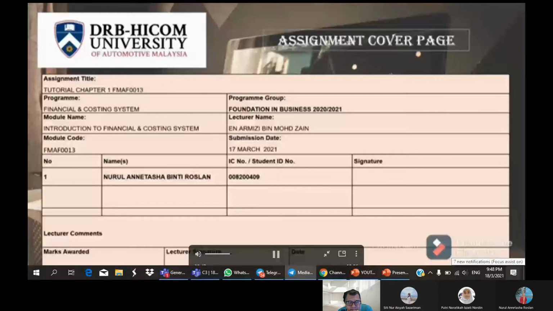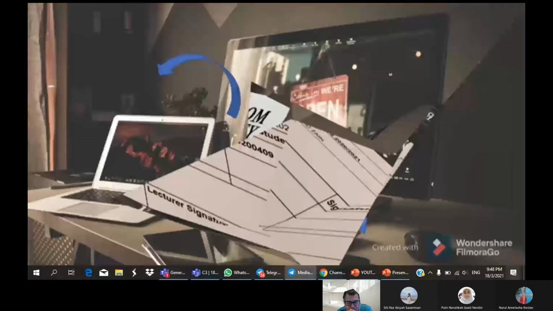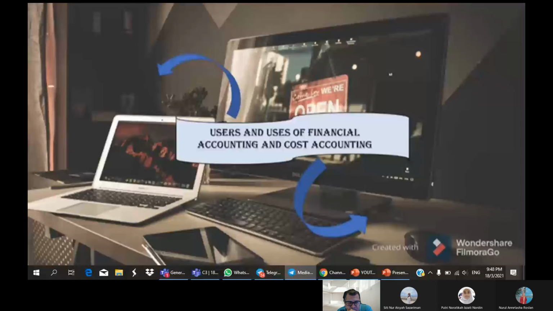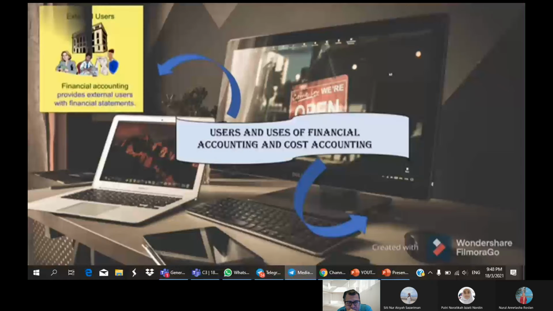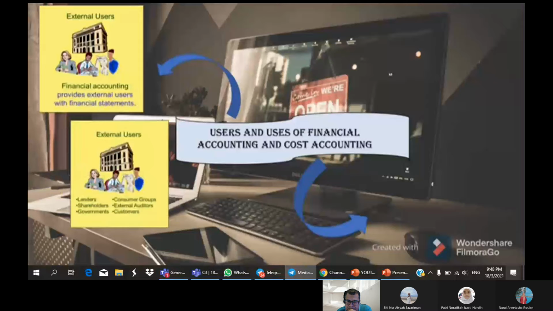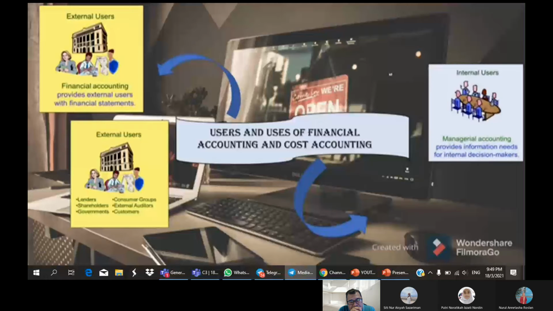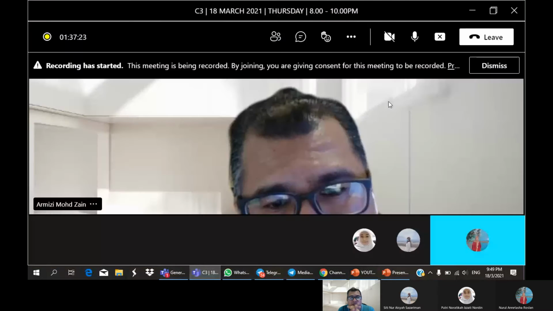Kuat. So let's start. Dengar, tak berapa clear. Suara tak clear.